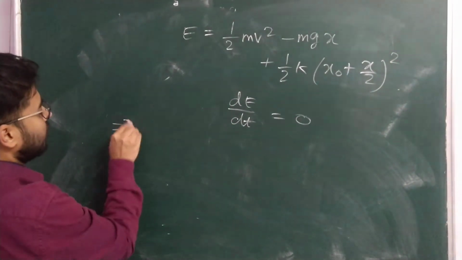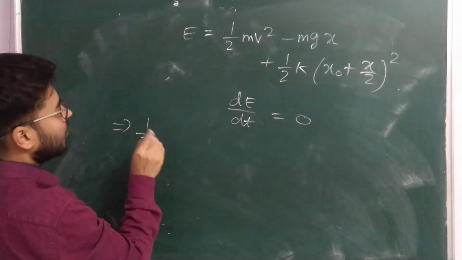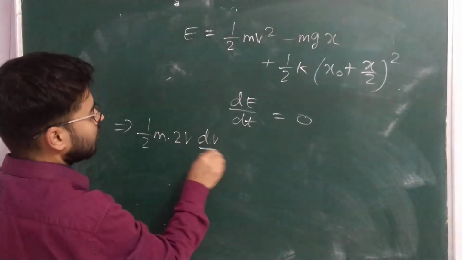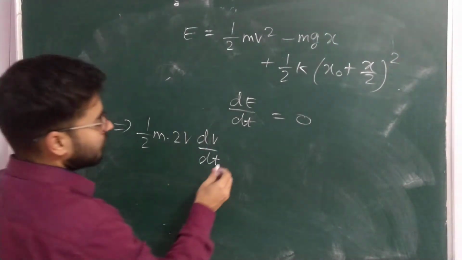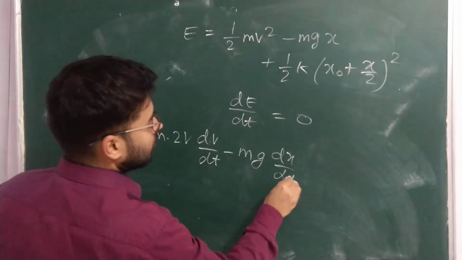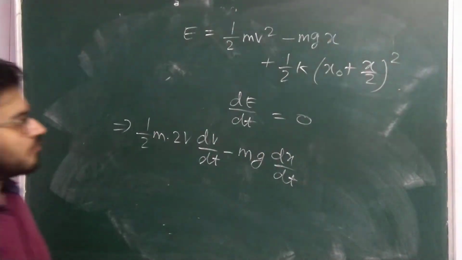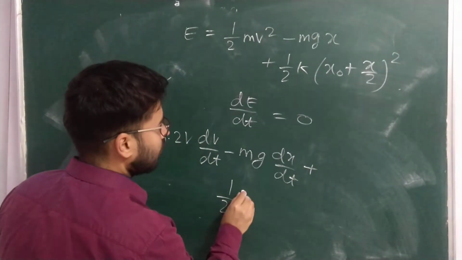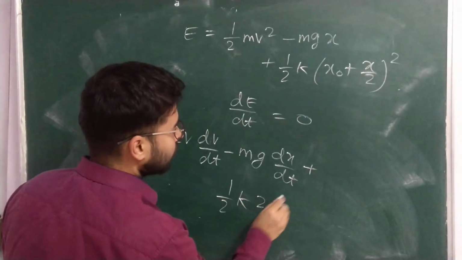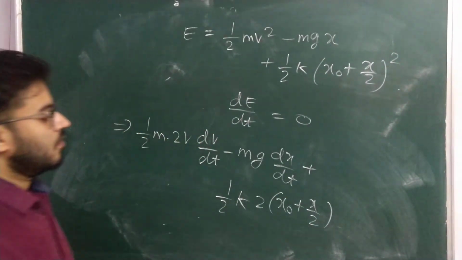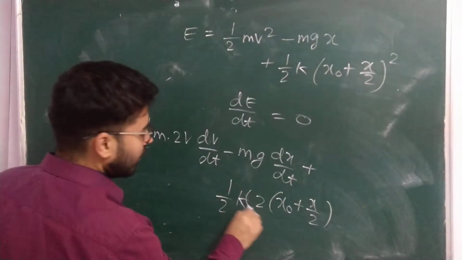So what is this? First term is going to be half m 2v dv by dt. Next term is minus mg dx by dt. Right? Next term will be plus half k twice of x naught plus x by 2, times half dx by dt.